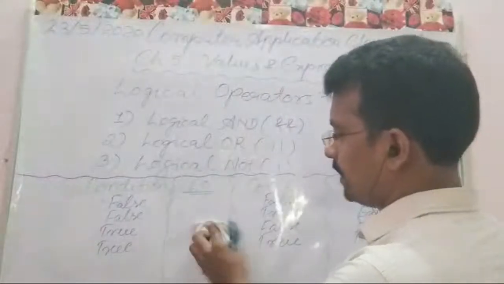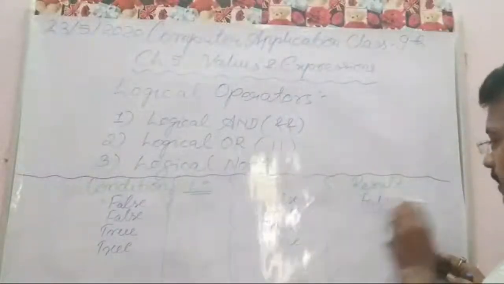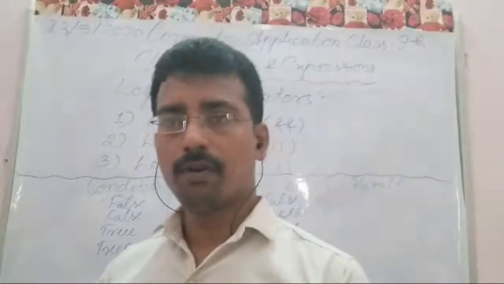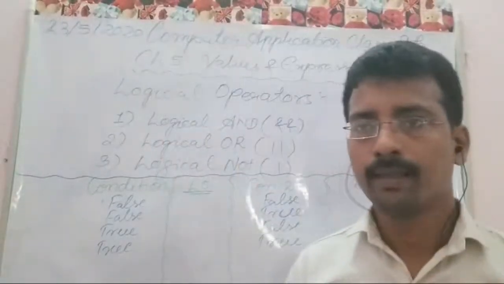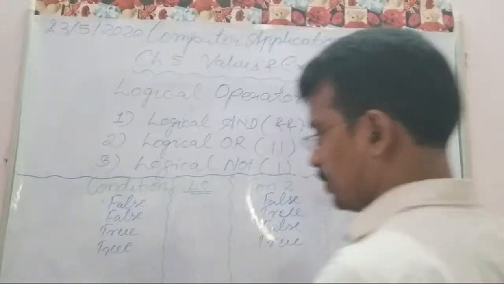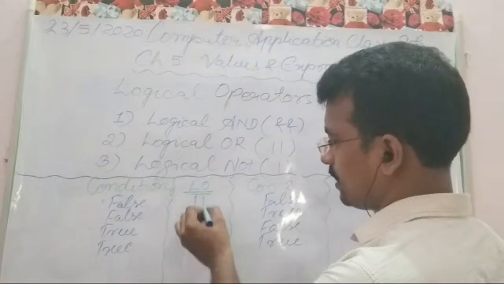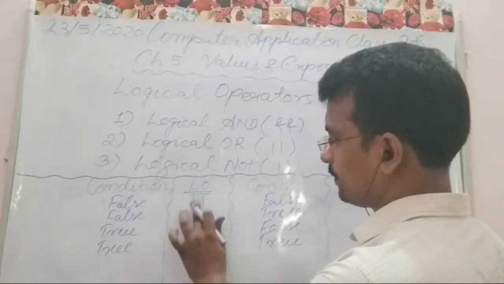Next, this will be the same. I am only removing the operator part and result part. Now, if I have one condition and with the use of the OR operator, it will be represented with these two lines.